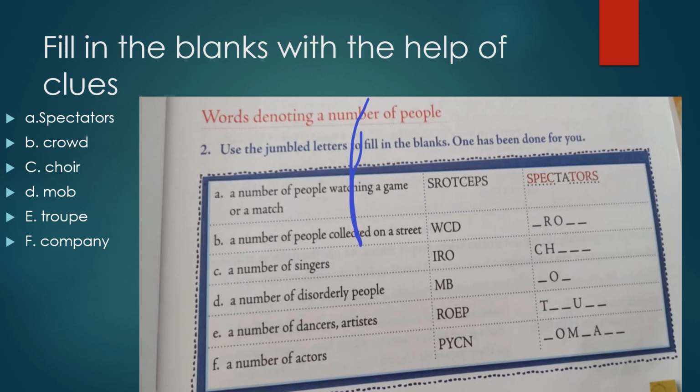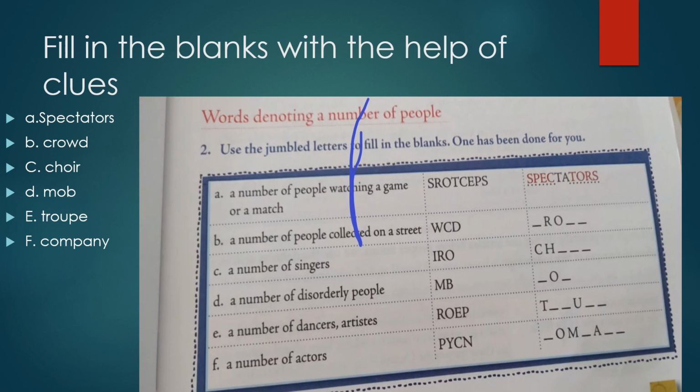Come to B. A number of people collected on a street, W-C-D. So here, CROWD, crowd. A number of people collected on a street, crowd.